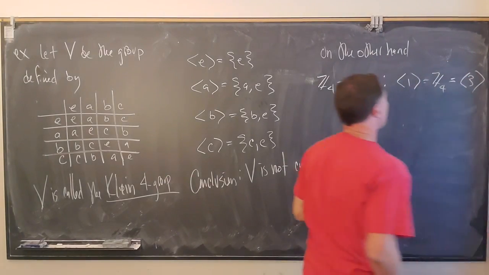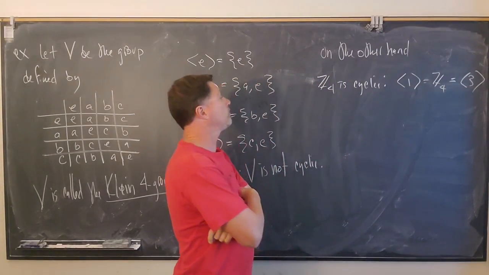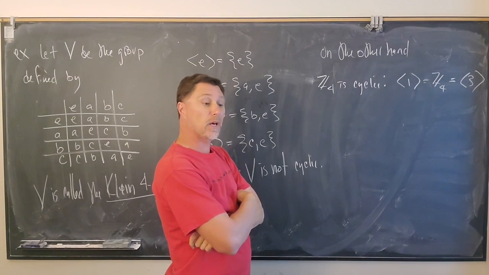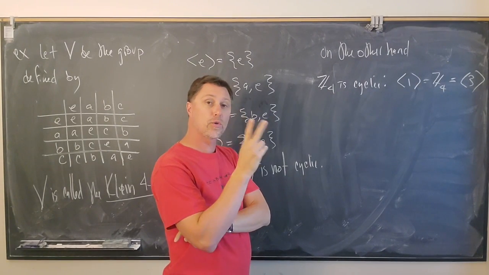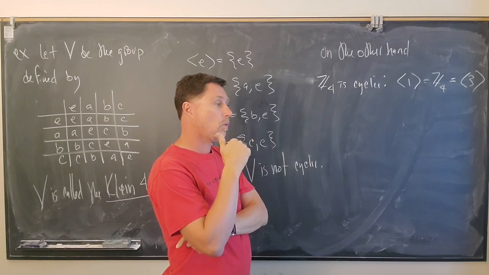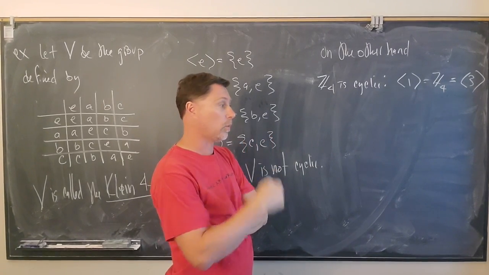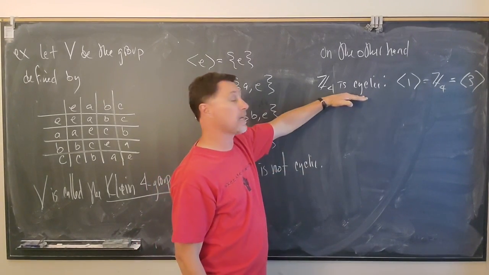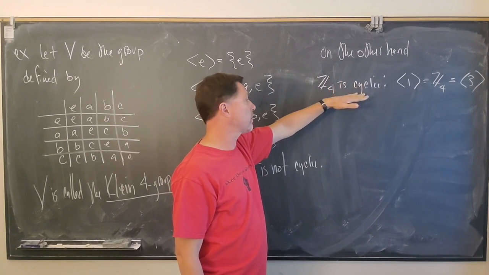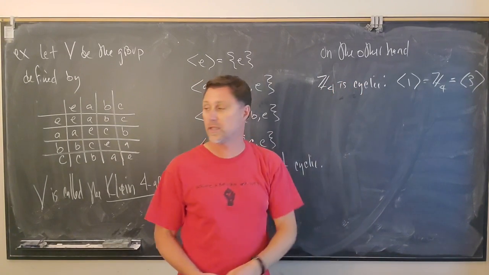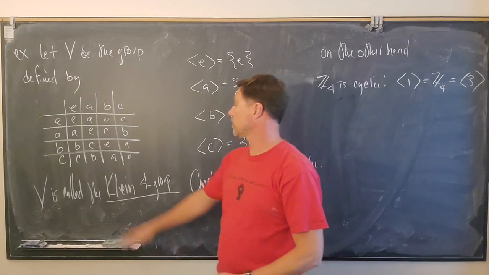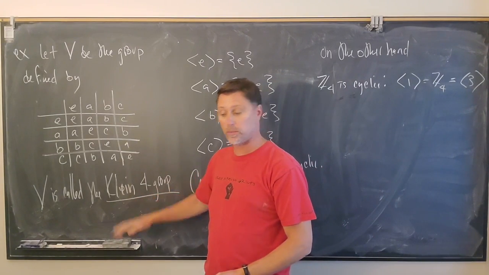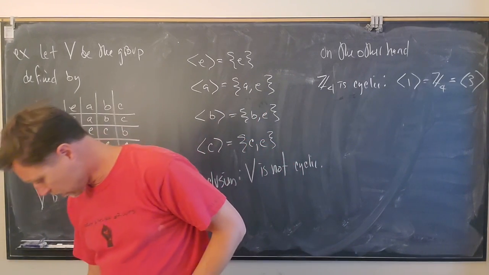So what that tells us is there are 2 groups of order 4, the cyclic one and the non-cyclic one. The cyclic one is isomorphic to Z4, and all non-cyclic ones are isomorphic to V, the Klein 4 group.